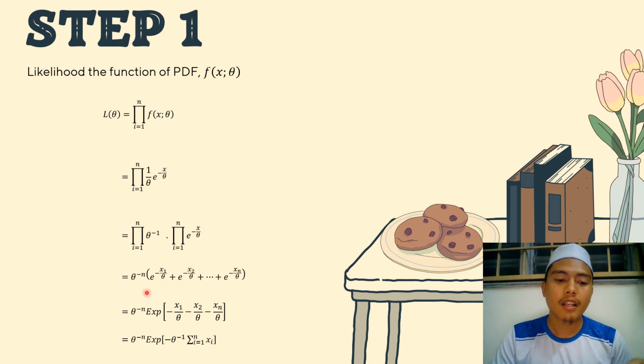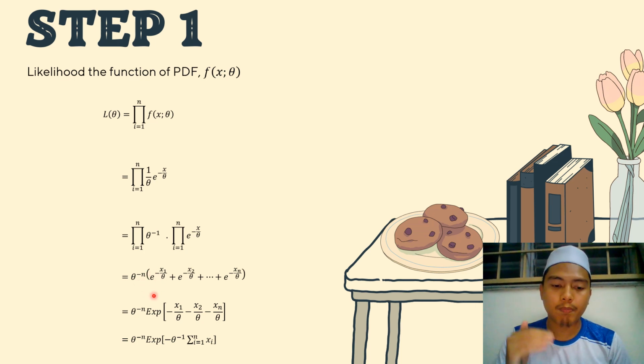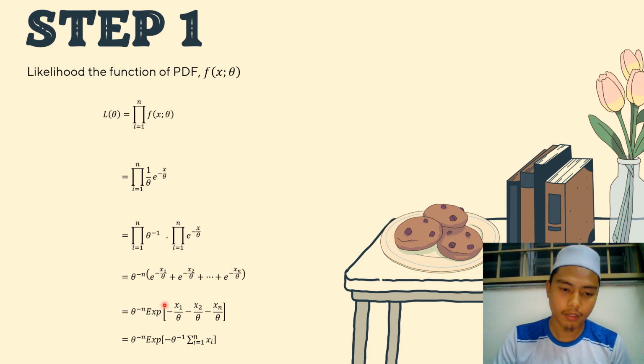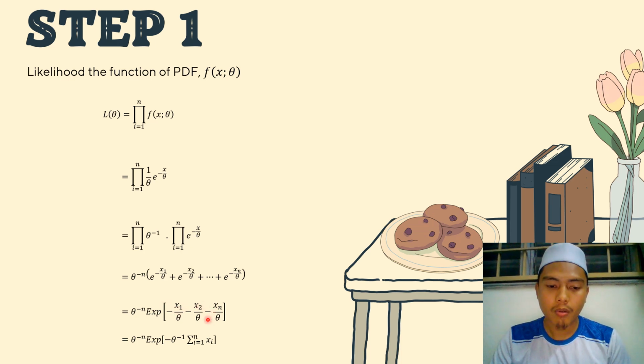So we get multiplication of theta power of negative 1 times multiplication of exponent power of negative x over theta. So we get theta power of negative n times exponent power of negative x1 over theta until exponent power of negative xn over theta. As we know, this is the summation of x.